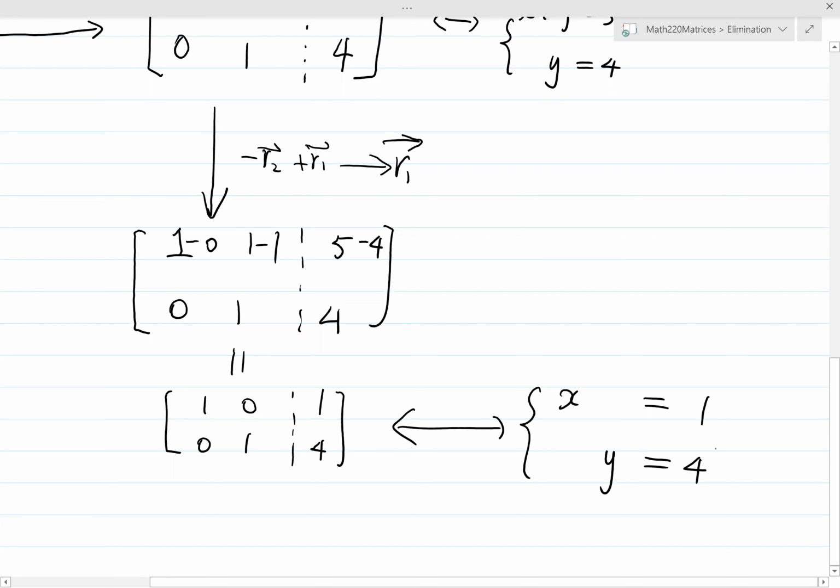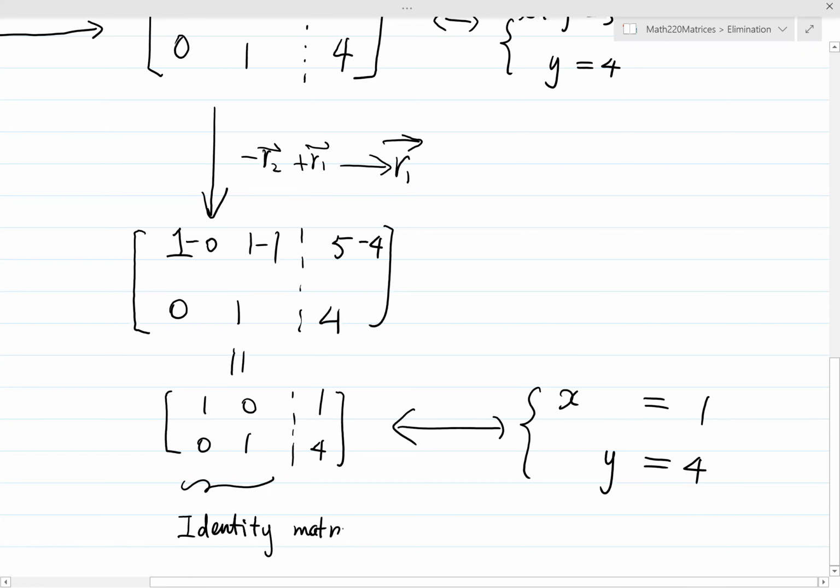So this is actually the idea of how to do elimination. We do row operations such that finally the left side is the identity matrix. The last step is the identity matrix.